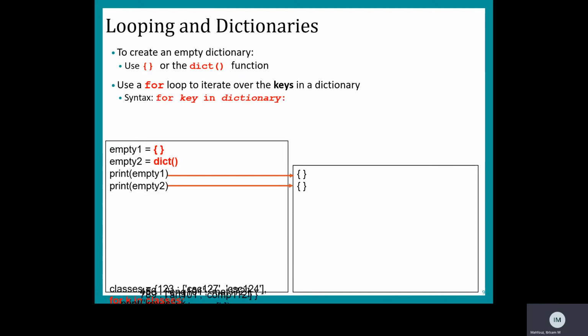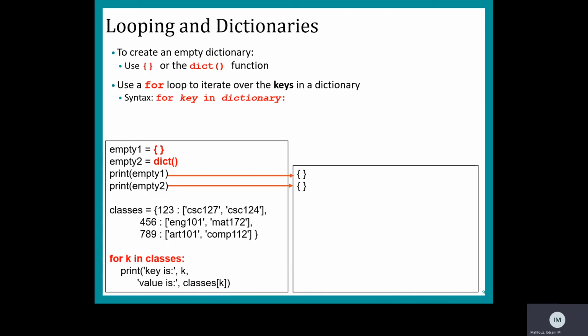Okay, now if I want to loop through a dictionary, I can use a for loop, just like I was able to use a for loop with a string to get me every character. I was able to use a for loop with a list to give me every item in the list. I can also loop through a dictionary. When you loop through a dictionary, what you're going to get is a key. So here the keys are 123, 456, 789, and the values are my list of classes.